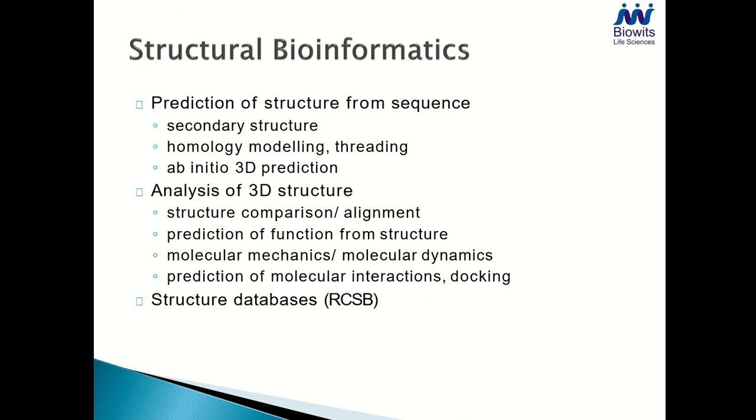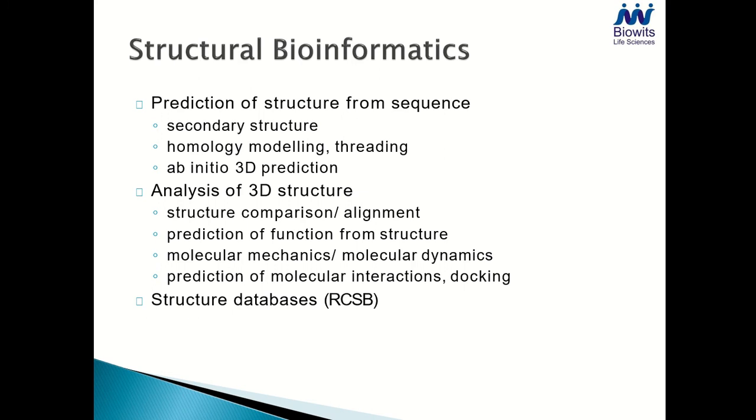Okay. Now, if we're dealing with structural bioinformatics, there are 3 points. Number 1 is the prediction of structure from sequence. So this is what I'm talking about, no? The secondary structure, homology modeling, threading, and ab initio 3D prediction. So we can have this structural bioinformatics. We can predict the structure. Second, in terms of structural bioinformatics, we can do the analysis of 3D structure.